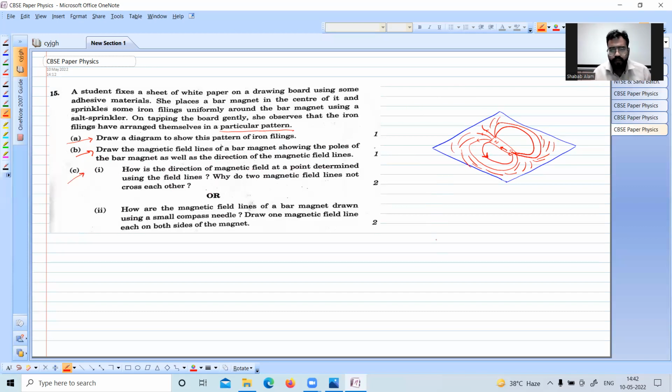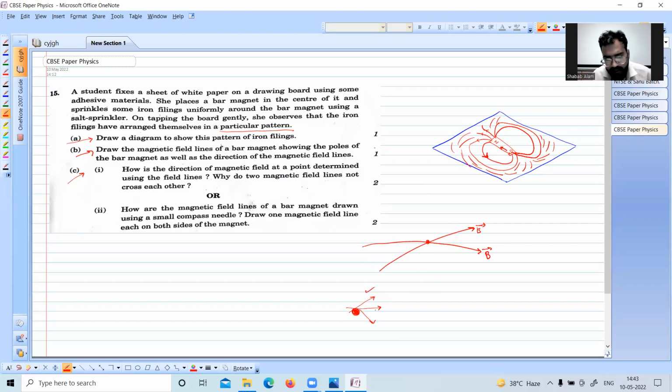Now if I talk about the second part, why do two magnetic field lines not cross each other? Suppose this is the magnetic field line and they cross each other. This is the point of intersection. If I zoom in on this point, we would have this tangent, this tangent, and we can have many tangents. Basically two tangents we are talking about.